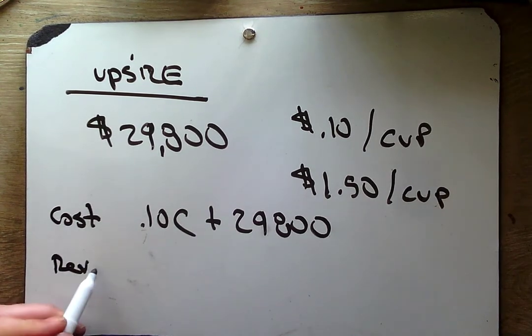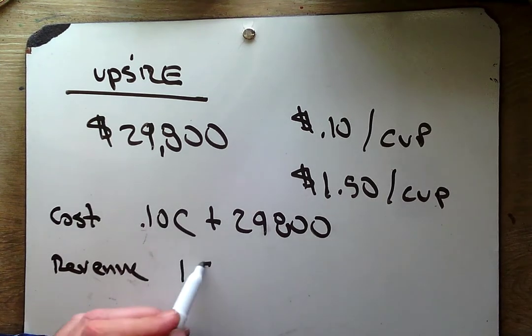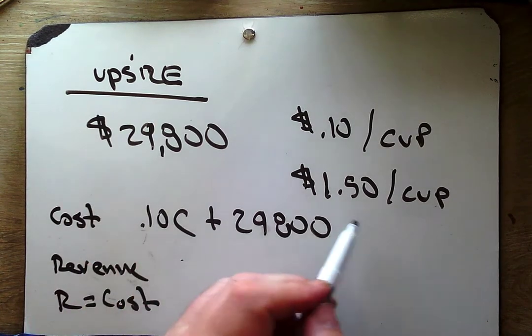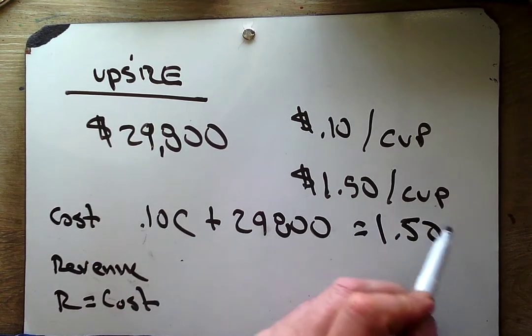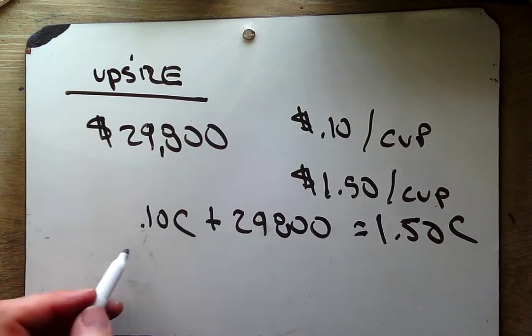My revenue, on the other hand, is $1.50 for each cup, 1.5 for each cup. So now I've got these two linear equations, and I want to know my break-even point. I want to know when my costs equal my revenue, when R equals cost. So I'm going to say, sure, let's just do this. Set those two equations equal to each other.